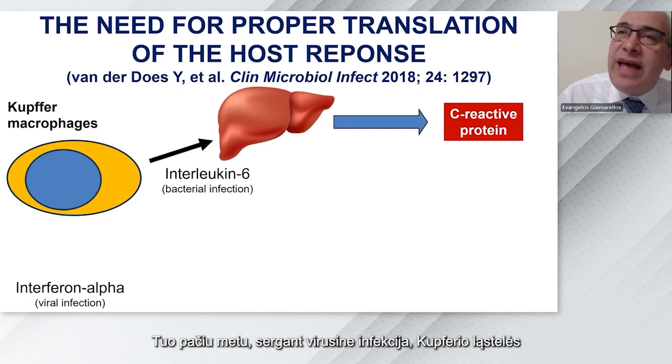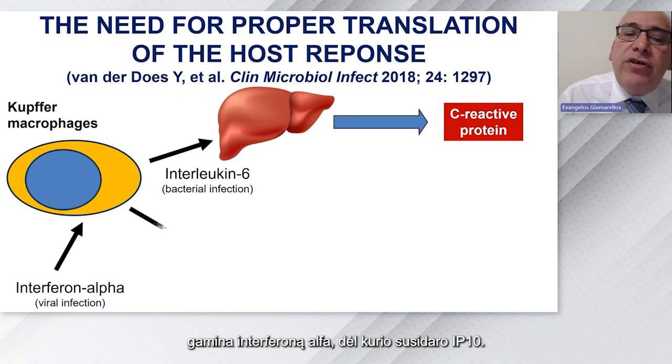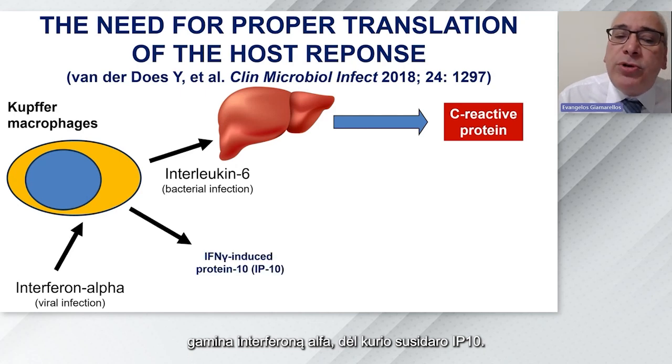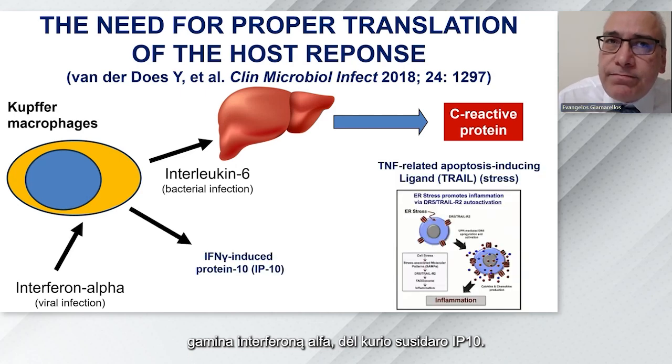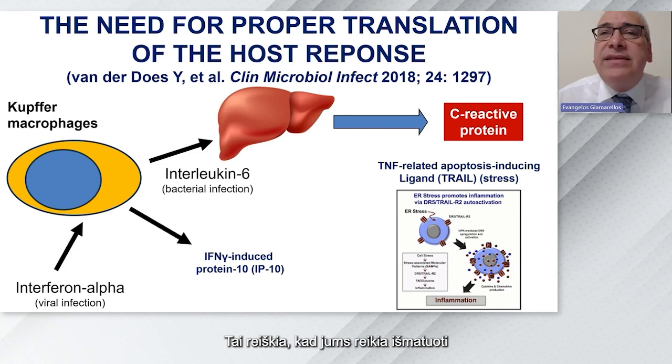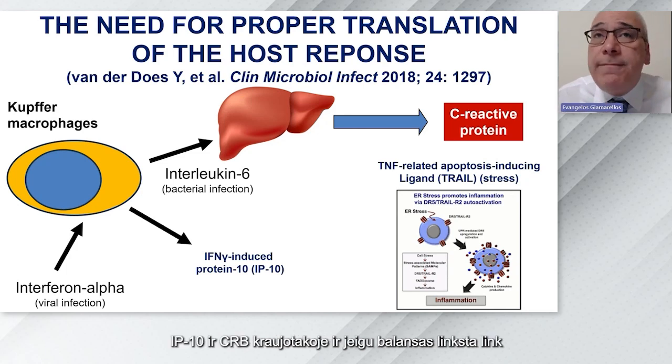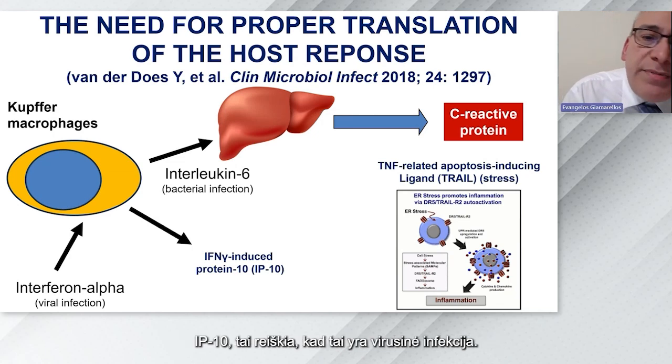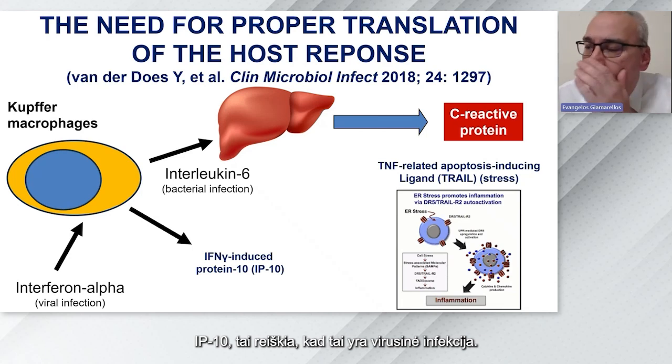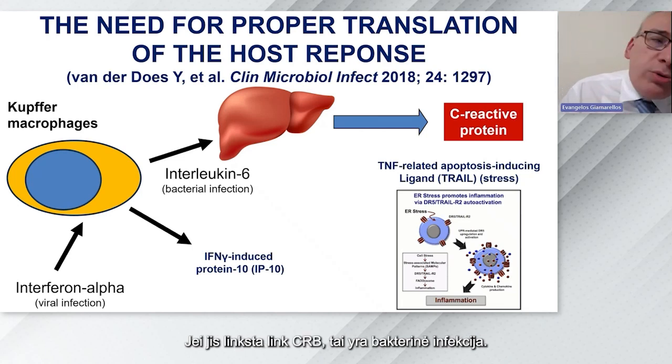In parallel, when there is viral infection, Kupffer cells produce interferon alpha, which leads to the production of IP10. That means that you need to measure IP10 and CRP in the bloodstream. If the balance goes towards IP10, this means that this is viral infection. If it goes towards CRP, this is bacterial infection.